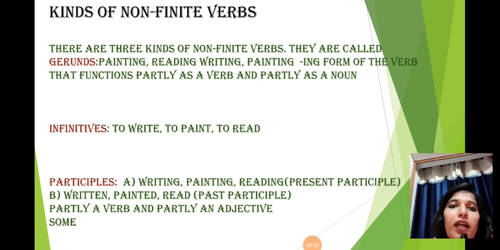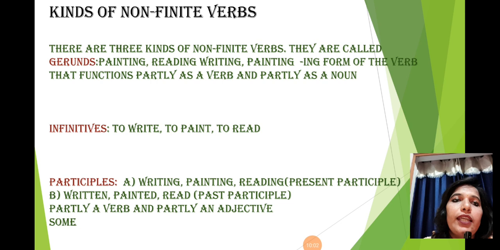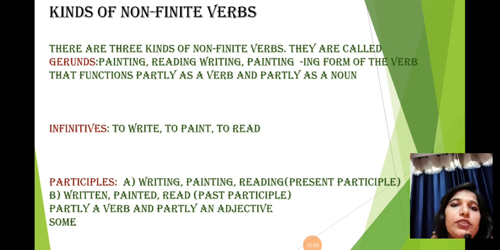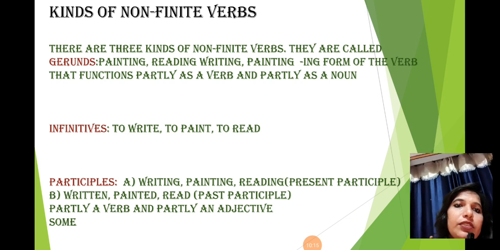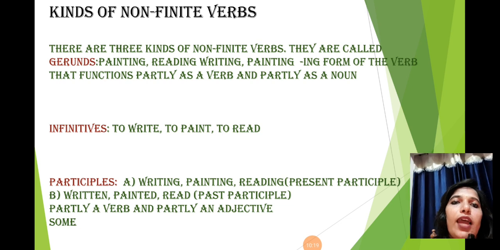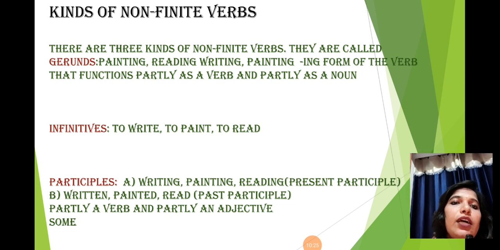Next is the participle, which is similar to gerunds. The -ing form represents the present participle, and the past participle is in the third form, like written, painted, read. They are treated sometimes as a verb and sometimes as an adjective in the sentence.